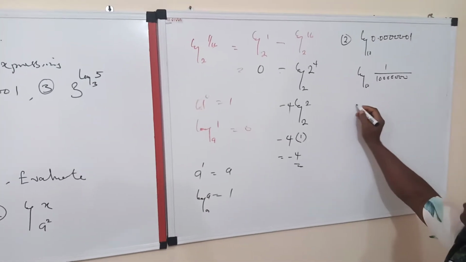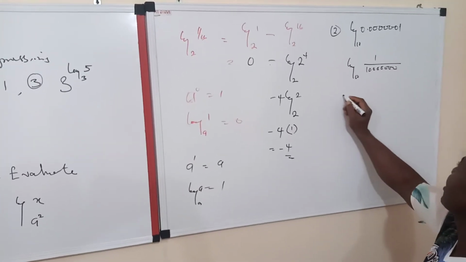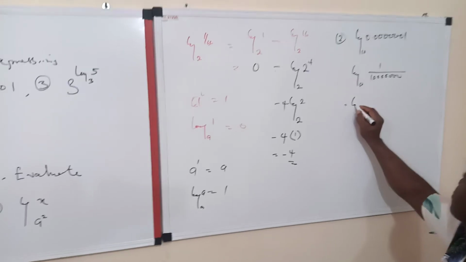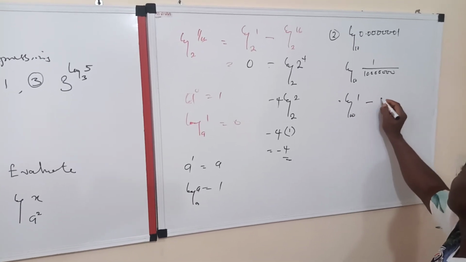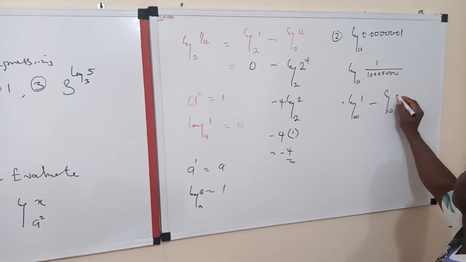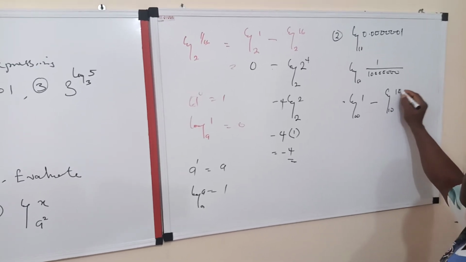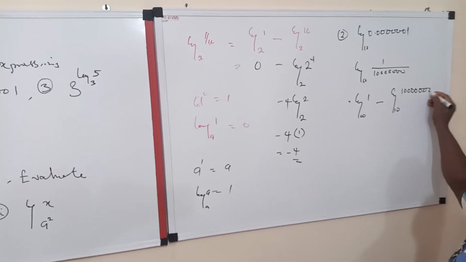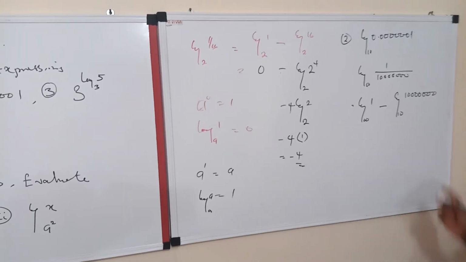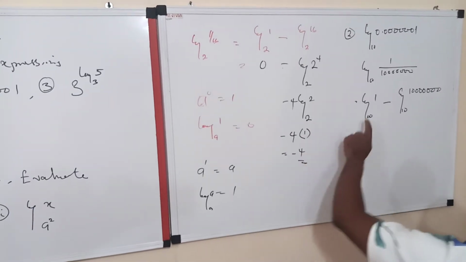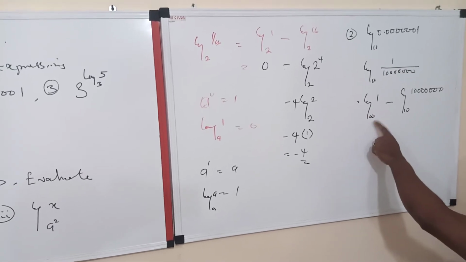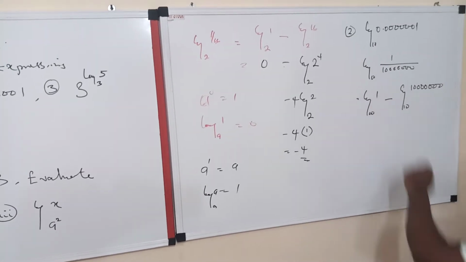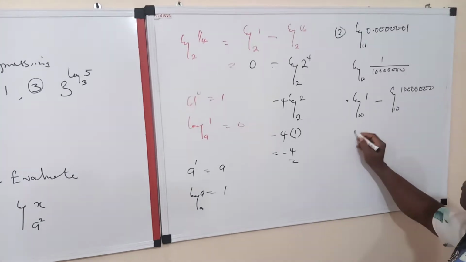And in doing that, this one can further be written as log in base 10 of 1 minus log in base 10 of 1, 2, 3, 4, 5, 6, 7. And as we did also in this other case, the log of 1 to any base is equal to 0. So this term here automatically boils down to 0.